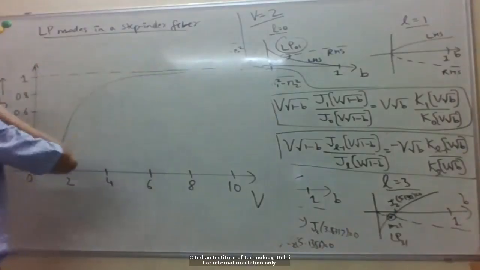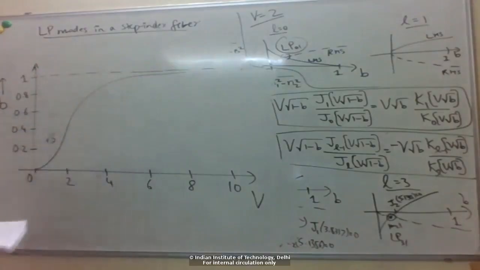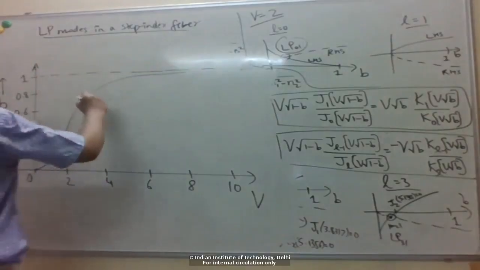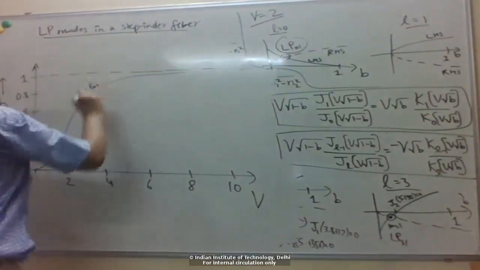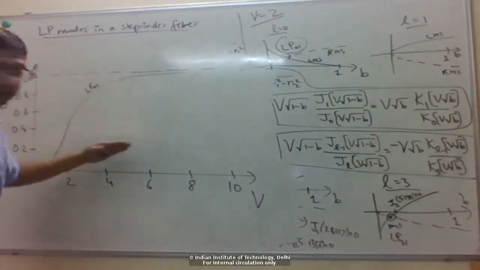So this is LP01, which is the fundamental mode in a step index fiber, the lowest order mode with the highest B value for a given V value. All the other curves will lie lower than this.